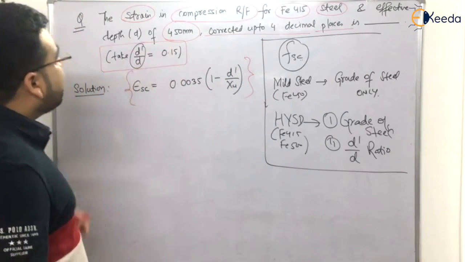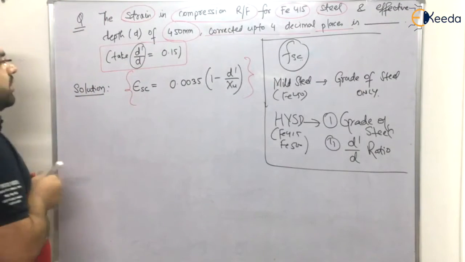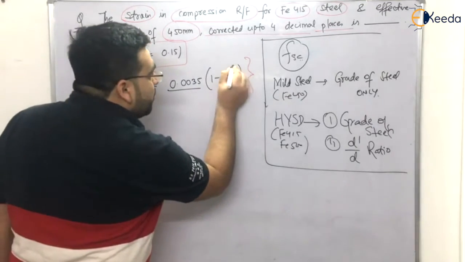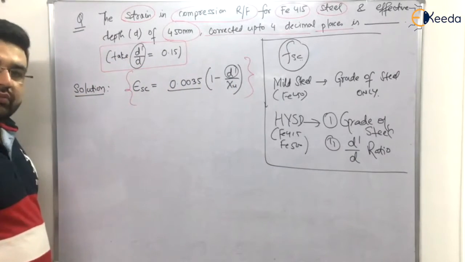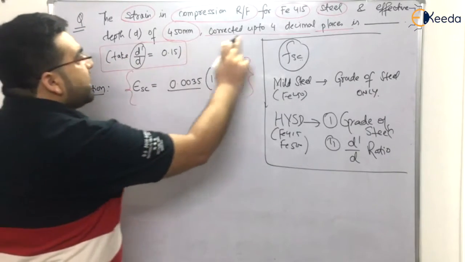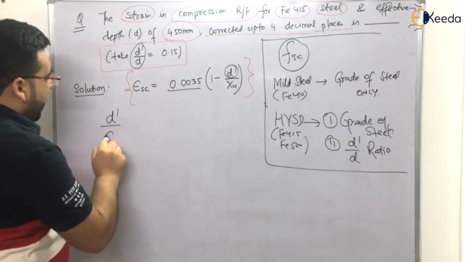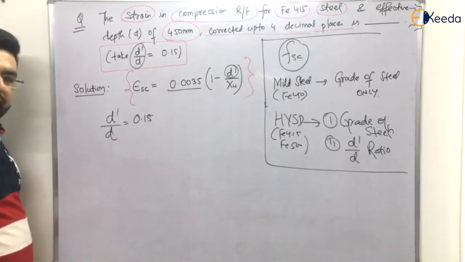Now let us solve this numerical. It is a very straightforward numerical, right? You know the value 0.0035. You don't know how much d dash is. To determine d dash, d is given to you: d is 450 mm. So d dash by d equals 0.15, the ratio which is given to me. Clear?